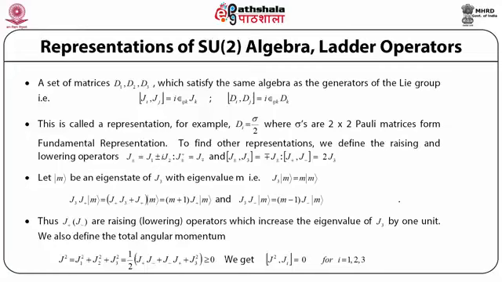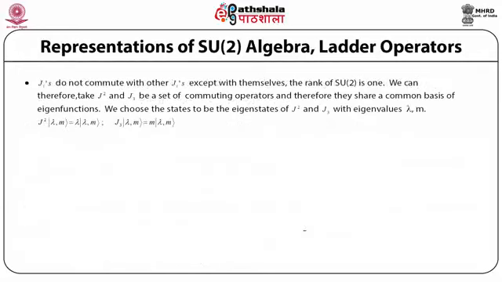And since J², the sum of the squares, is always greater than or equal to 0, and from the definition of J², we can see that J² commutes with all the components of J. That is, the commutator of J² with Ji is equal to 0 for all i = 1, 2, 3. So J² commutes with all Ji's, but it doesn't mean that the Ji's commute among themselves.